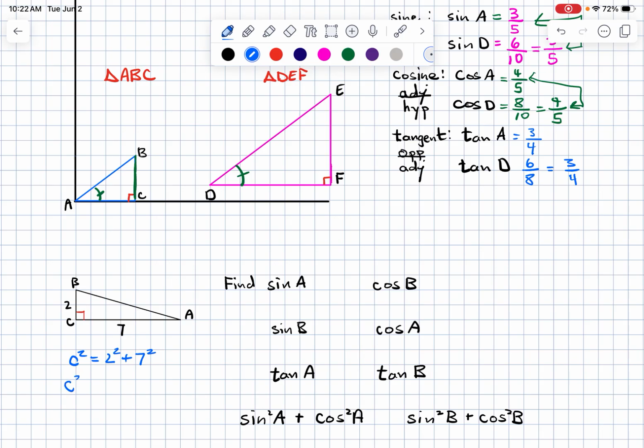That means that c squared equals 4 plus 49. That means that c squared equals 53. That means that c is equal to the square root of 53. Okay, now that we have that, we can go ahead and calculate the sine of A. The sine of A is 2 over the square root of 53.